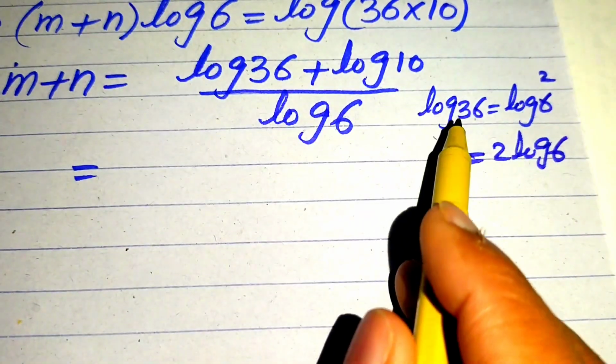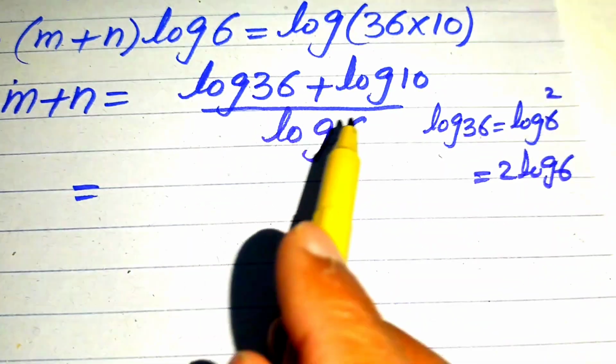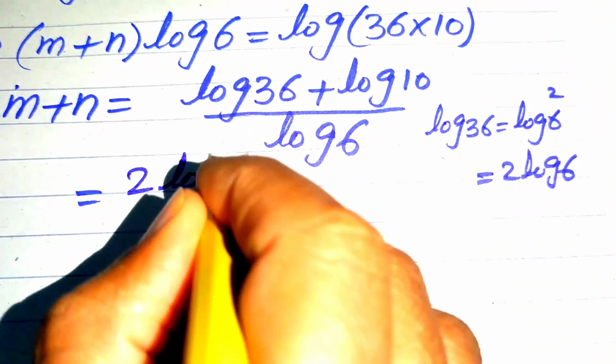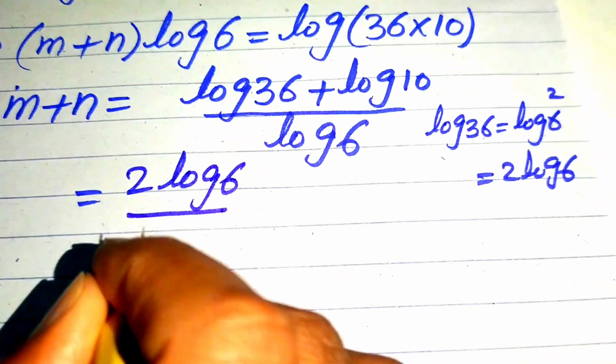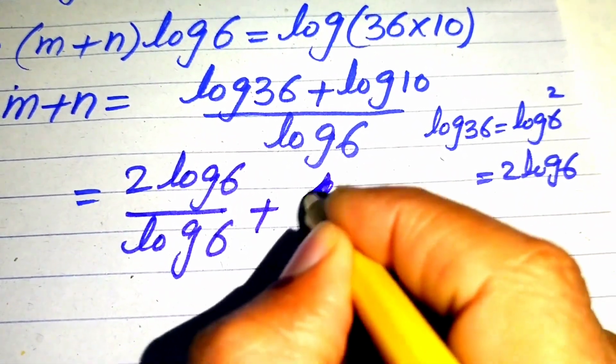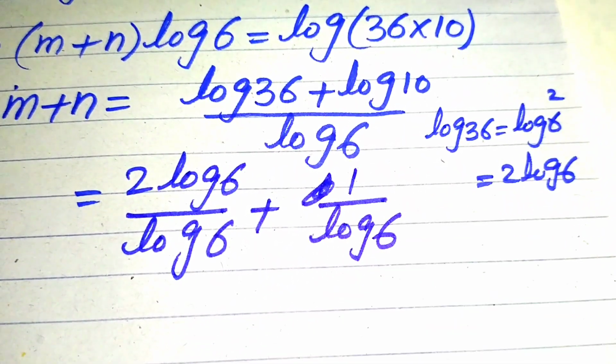So log 36 equals 2 times log 6, and we put this value here and separate the sum of these two terms, and we get 2 times log 6 divided by log 6 plus, here we know that log 10 over log 6.